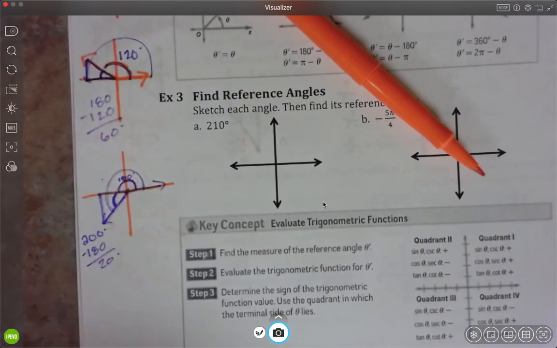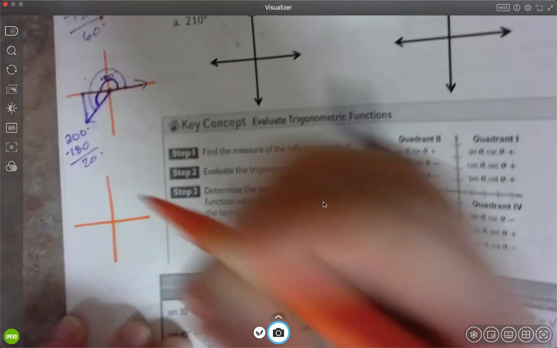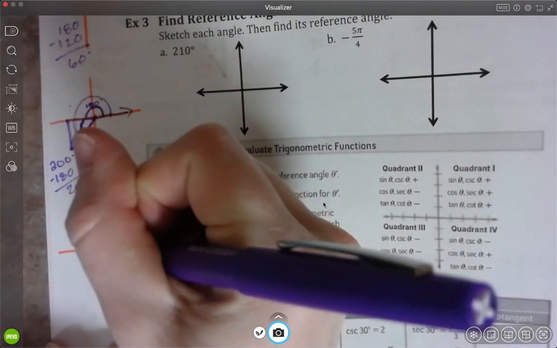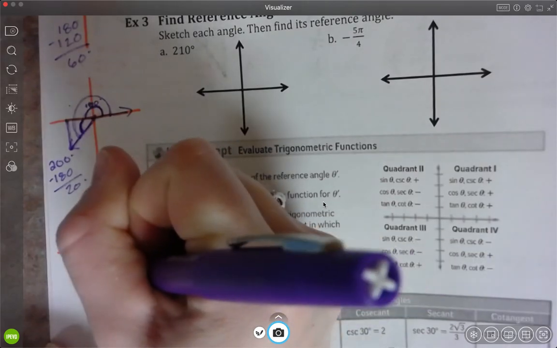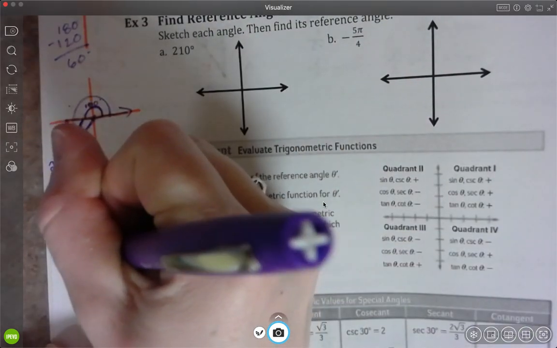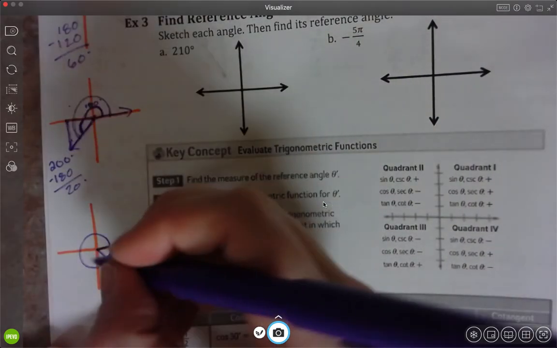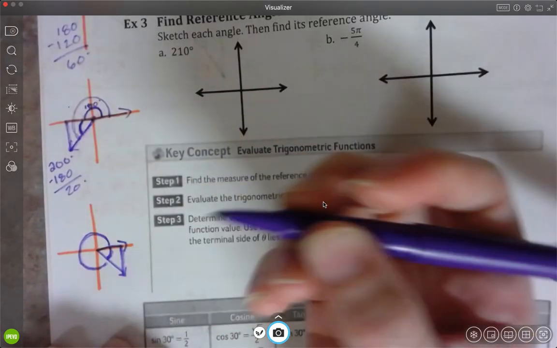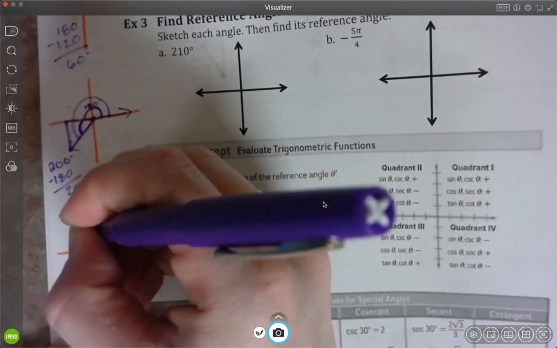And the last one, let's say I have an angle going from here all the way around into the fourth quadrant. I'm going to make a right triangle out of it, and I'm trying to find what this angle would be. Let's say the angle they give me is 300 degrees.